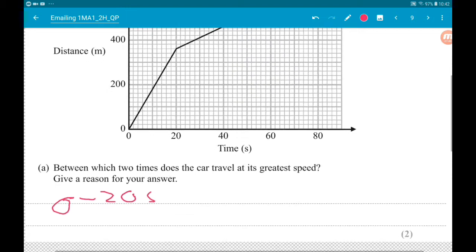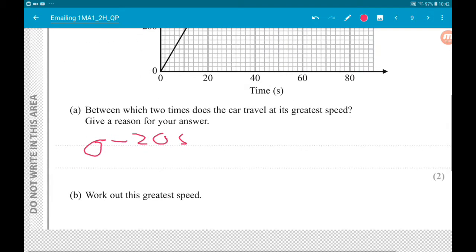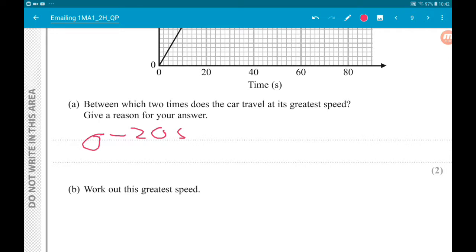Here for us, that's the difference in distance over the difference in time.